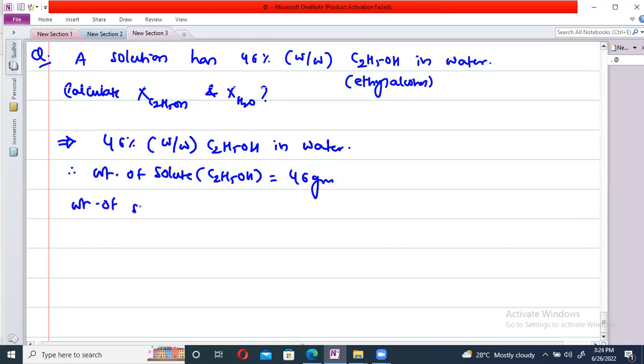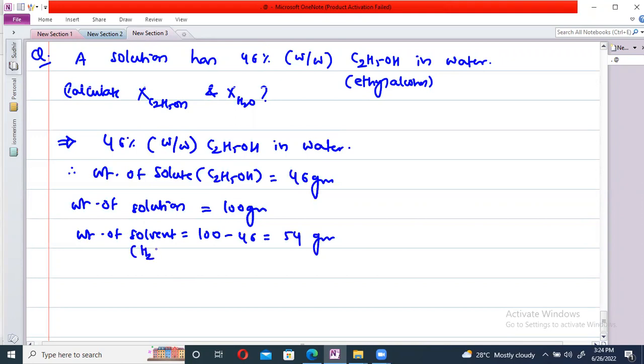Second, the weight of solution, since percentage is given, is 100 gram. Weight of solution minus weight of solute equals the weight of solvent, 54 gram. In this case the solvent is water. You can check in the question, they gave water, and the solute is ethyl alcohol.